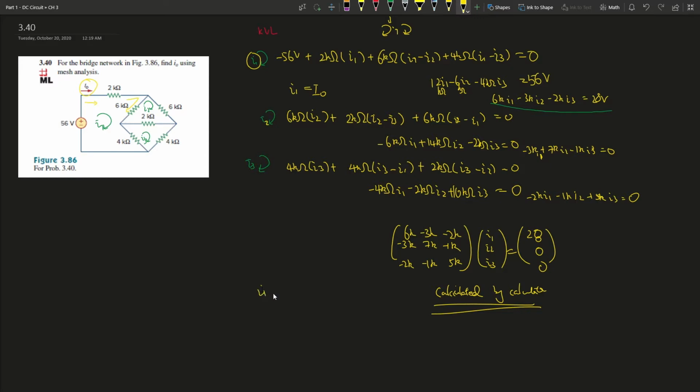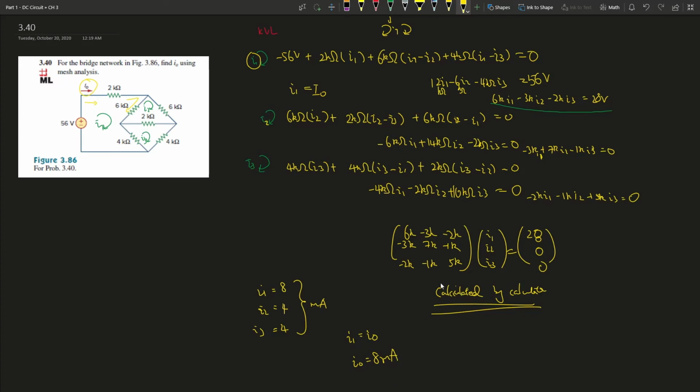In the end, I1 is 8, I2 is 4, and I3 is 4, all in milliamps, because kilo volts divided by kilo ohms gives you milliamps. Since I1 equals I naught, I naught gives you 8 milliamps.